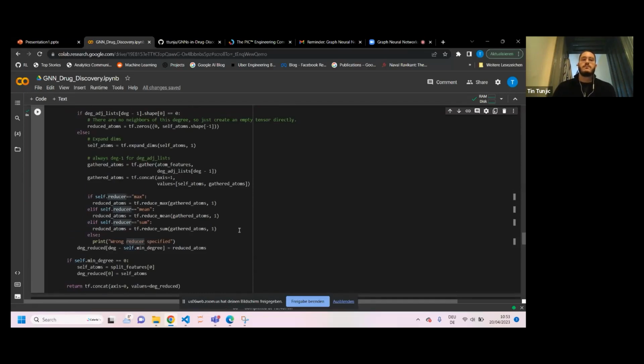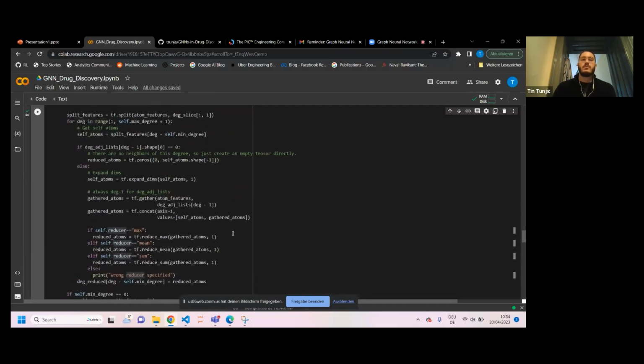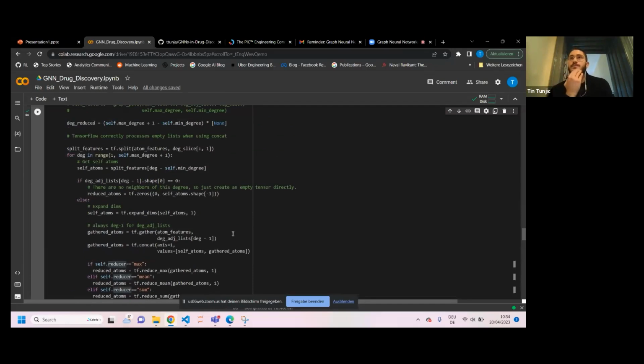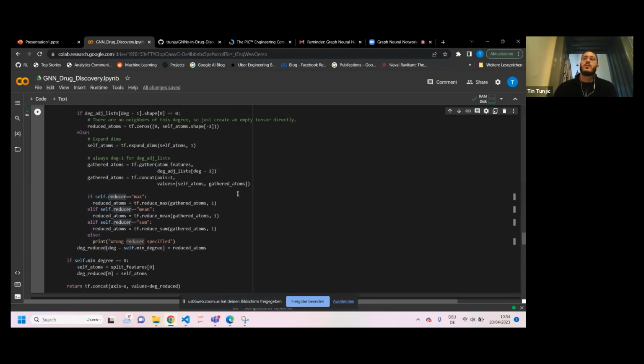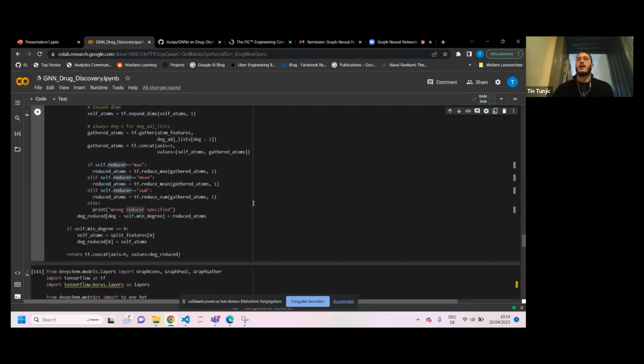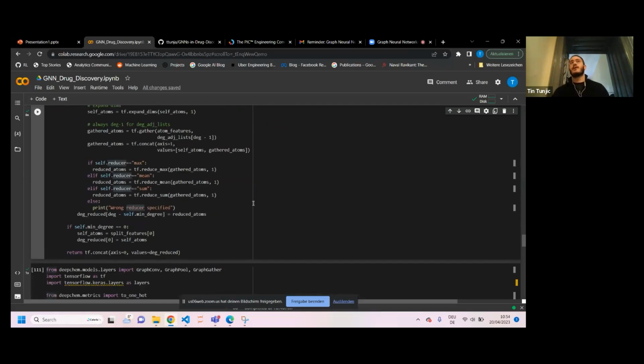Also, it can happen that the minimal degree is 0. That happens when one node has 0 neighboring nodes, and in that case, it's impossible to propagate the information if you don't connect that node with some specific edges. We don't do that here, but in many use cases in the papers and publications, they see that some nodes are not connected with edges, and they specify some radius.